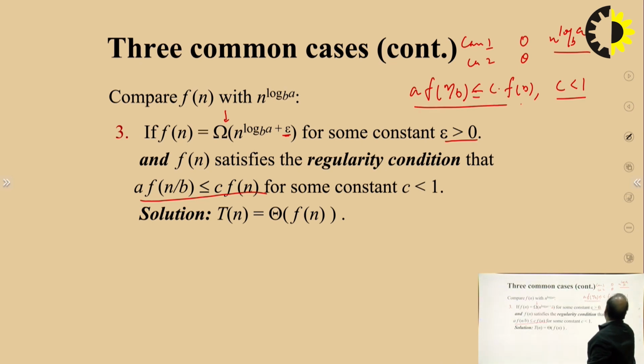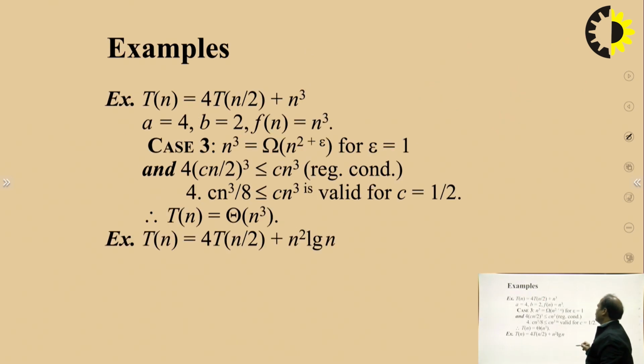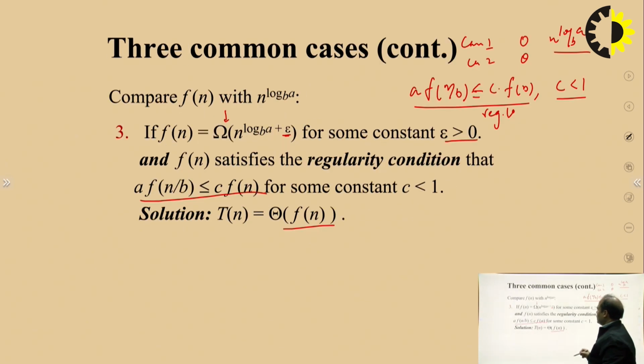So this is known as the regularity condition. Both conditions must be satisfied in order for case 3 to be applicable. Then T(n) will be theta of f(n). So no need of going with the power.